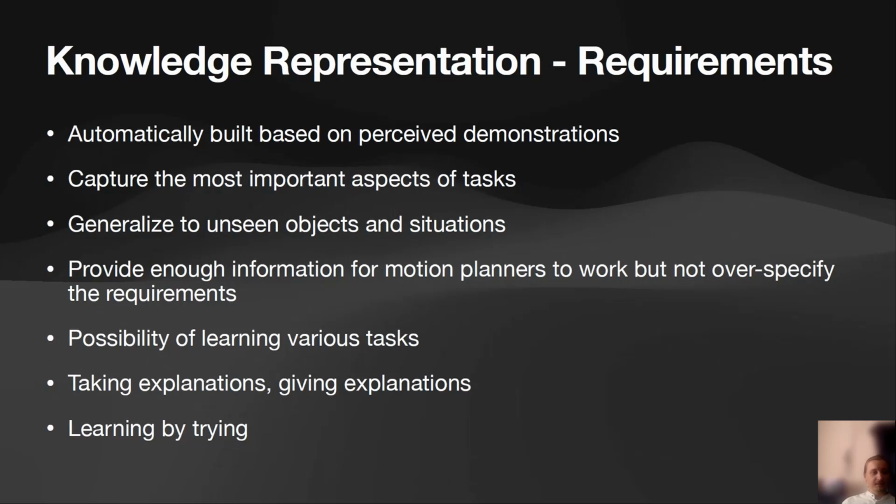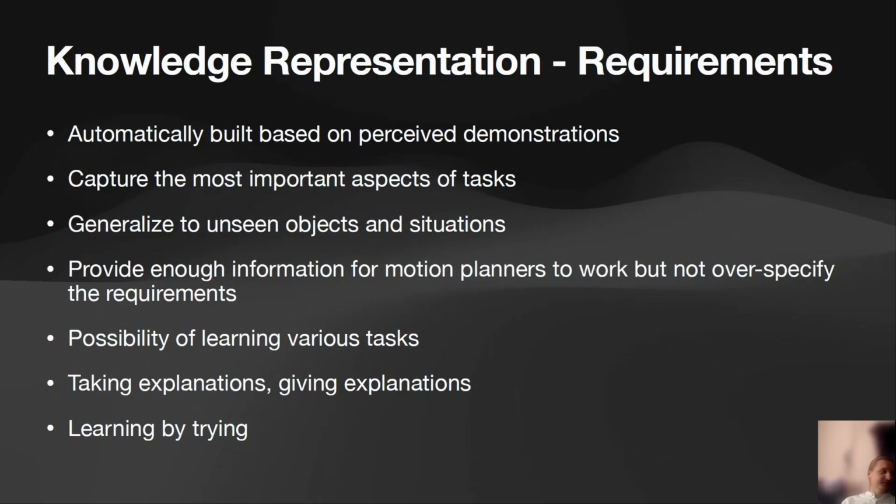My idea is that from the representation, you should be able to get key points that can then be used for constraint solvers, like motion planners based on constraints, that will be able to plan the motion of what needs to be done. Then it should learn different tasks without many changes.